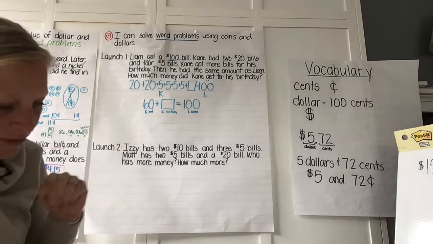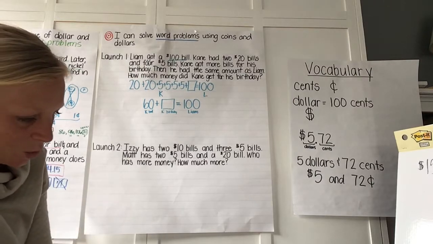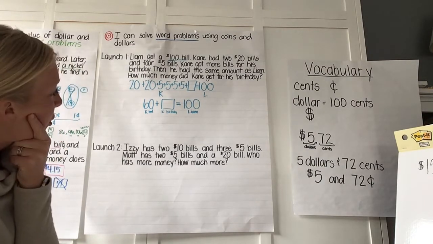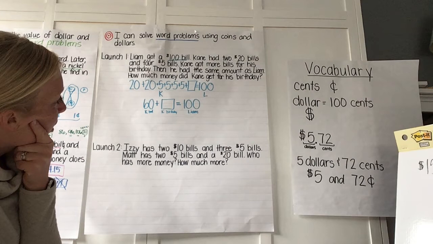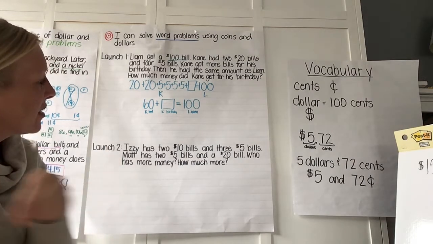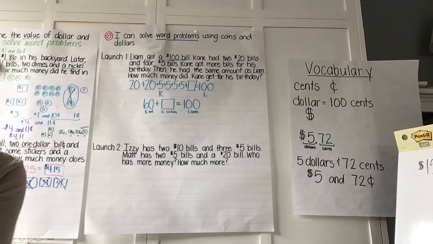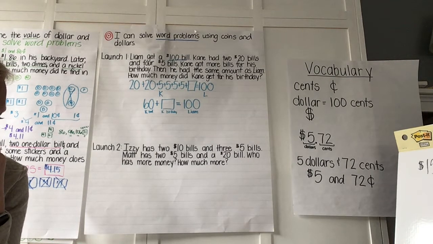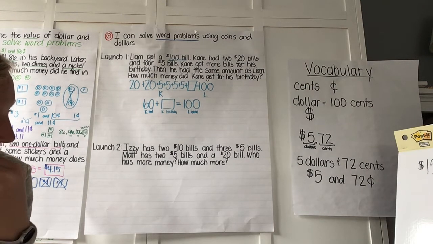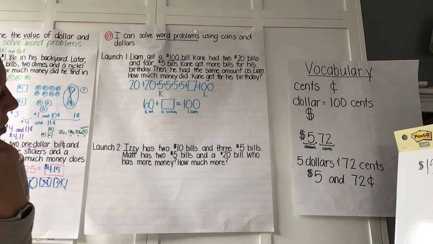From your 4 5s, 5, 10, 15, 20, okay. And then what did you do? You counted by 10s to get to 100, all right? You did not do that. How did you do yours? And how did you use dollar bills to show that?